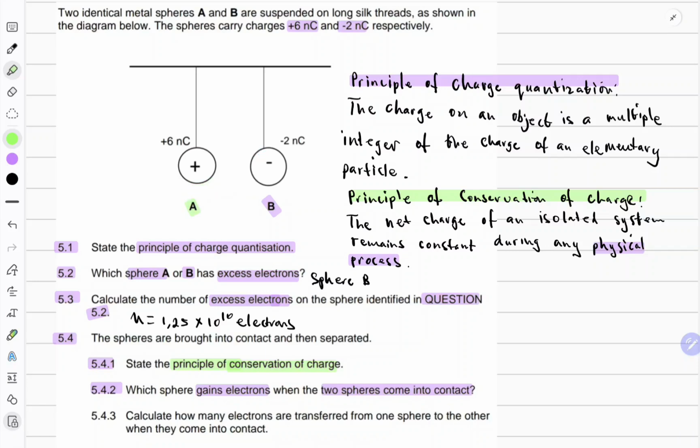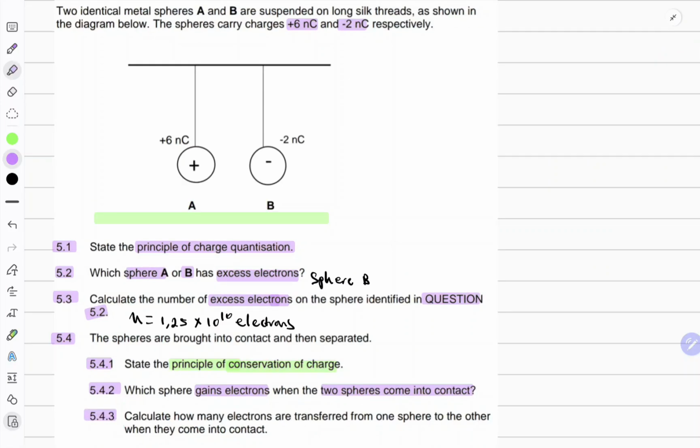So when the two spheres make contact, the excess electrons on this sphere get transferred to sphere A. So sphere A is the one that gains electrons.